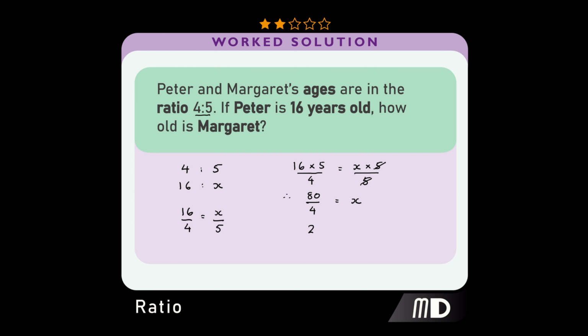So x is equal to 20. For more explanation about ratio, search our channel for ratio. So, when Peter is 16 years old, Margaret is 20 years old.